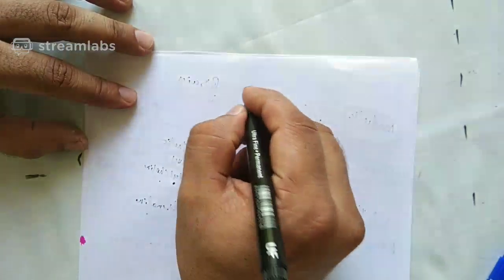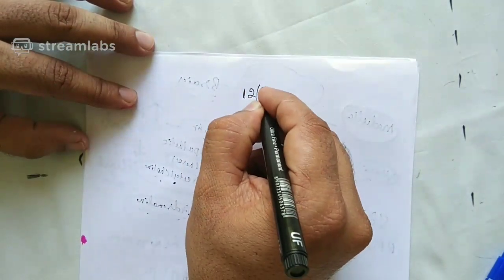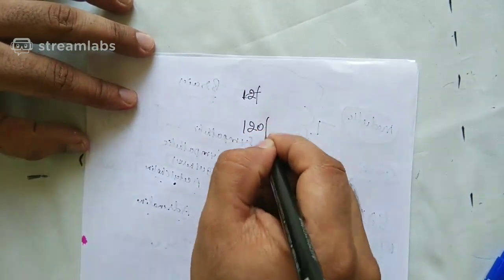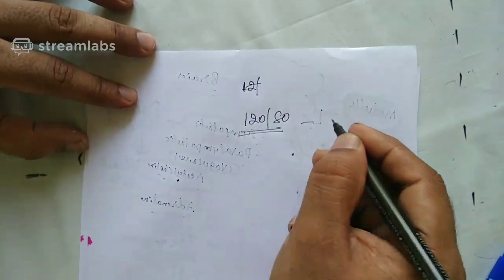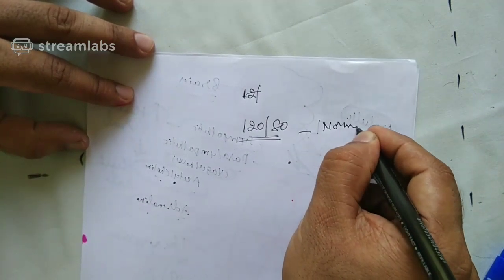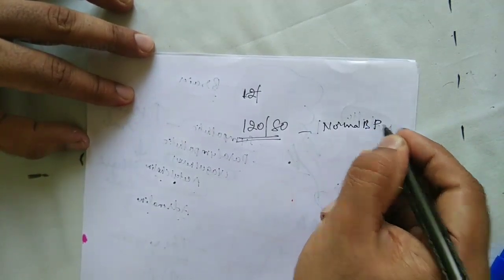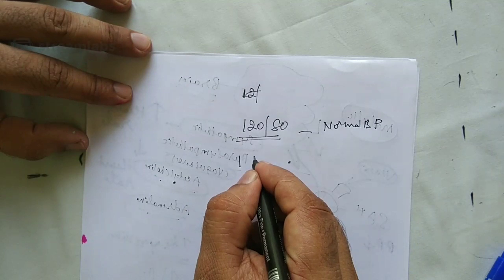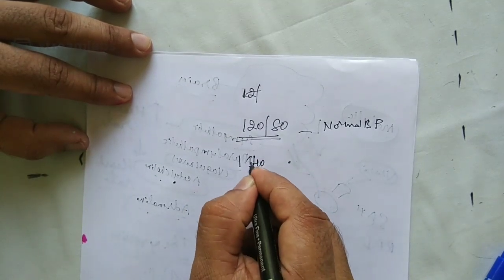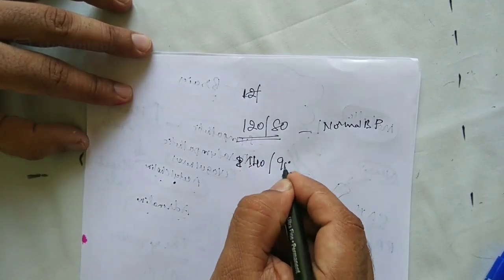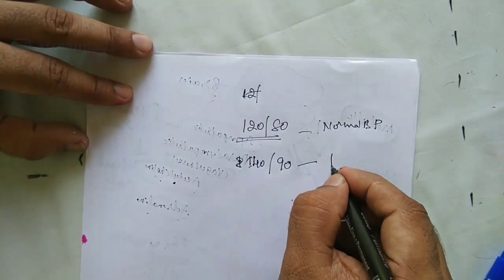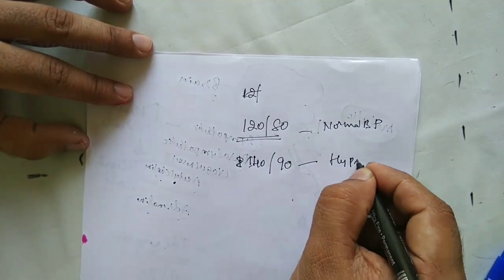If it is 120 by 80, it's a normal blood pressure. But if the blood pressure becomes 140 by 90 or above, it's called hypertension.